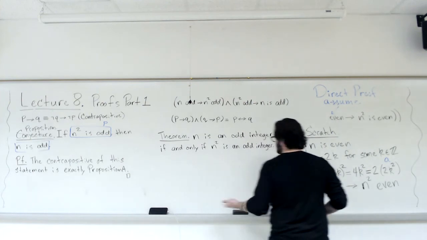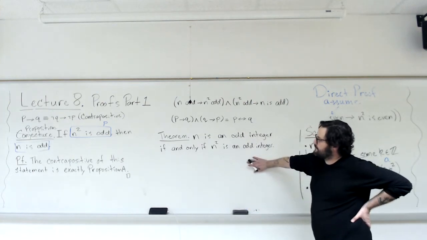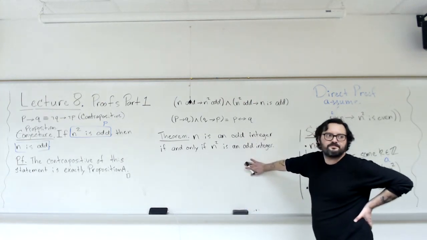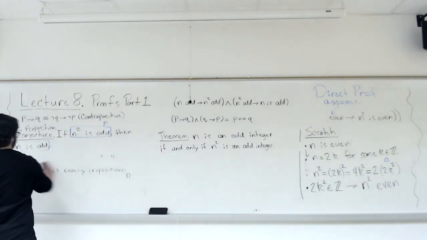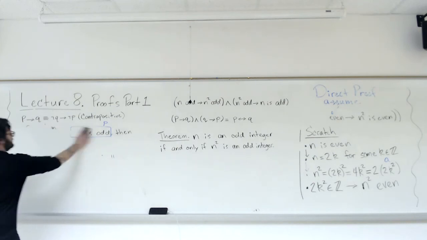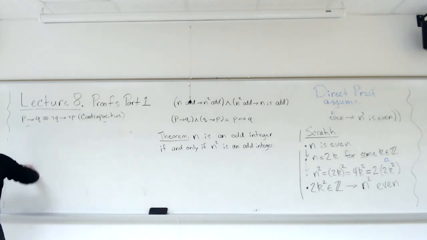So we also know something about being even too. Like what if I changed up this conjecture over here a little bit? Now I'll just write it as a proposition because it should be clear that it's true.